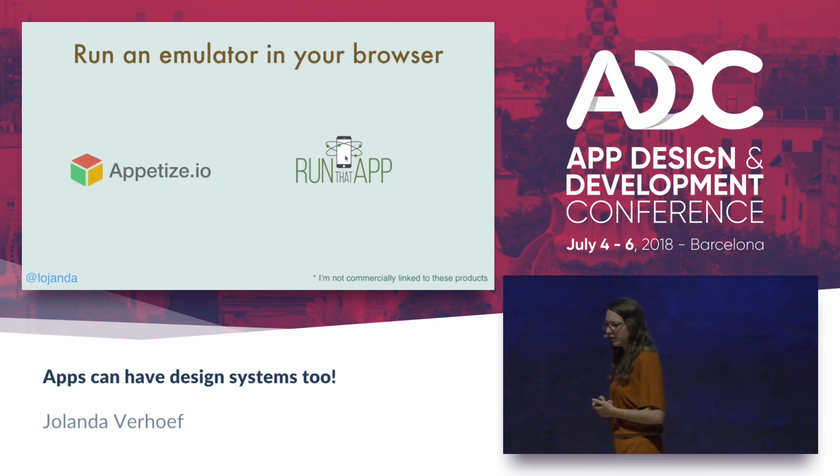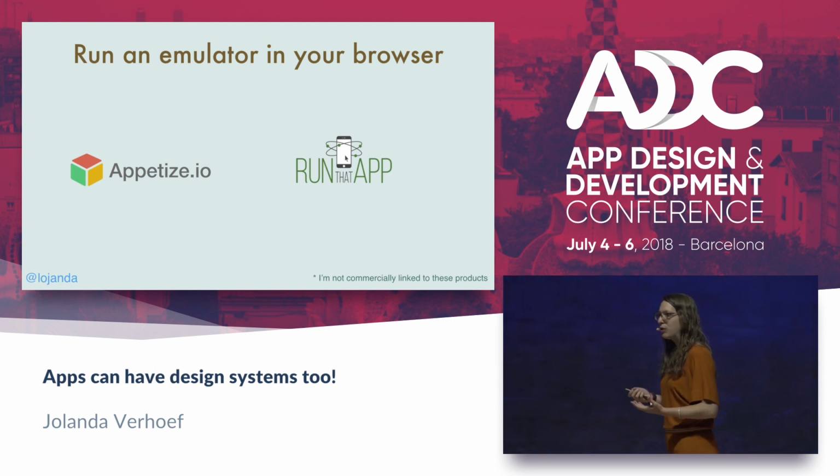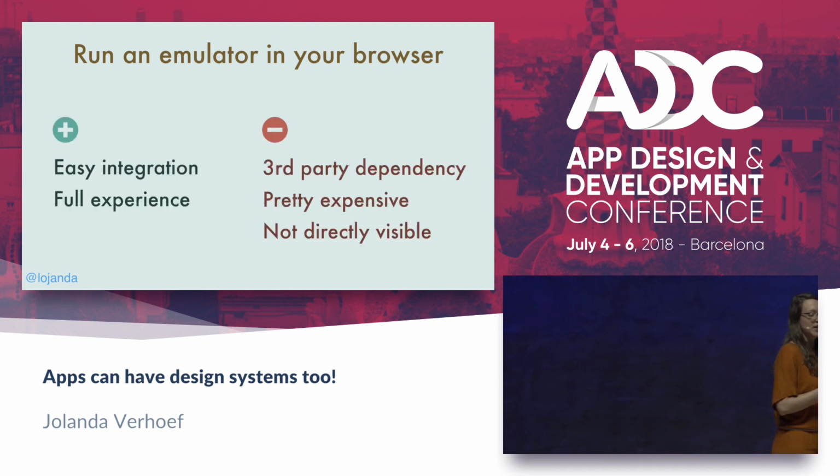I found 2 on the internet currently, Appetize.io and Run That App. And both of those basically give you an opportunity to, with a couple of lines of code, integrate an emulator somewhere on the web page. And when you click it, your app is opened and you can run it and you can work with it. And that way we can easily integrate it, and we get the full experience.